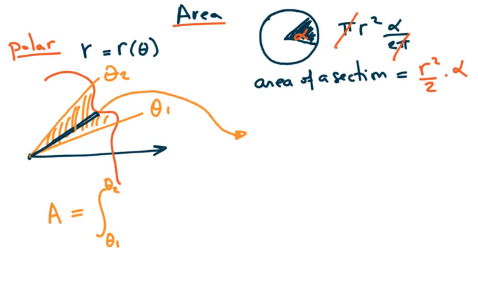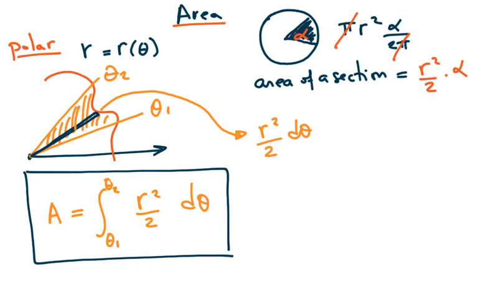Following the formula of area of a section, in this case, is going to be r squared over 2 times the angle, but the angle in this case is a very tiny angle, which is just the variation of the angle theta. So this is going to be just d theta. So the area here is going to be r squared over 2 d theta.